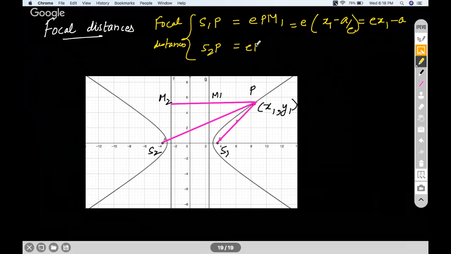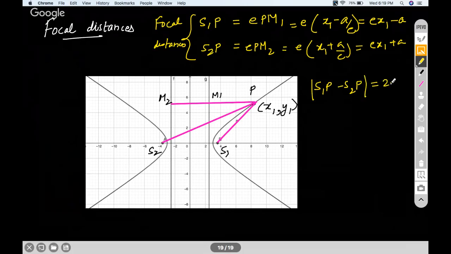S2P will be E times PM2, which is going to be E times (X1 plus A by E), which is EX1 plus A. And when you take the difference of these two, mod of S1P minus S2P, you're going to get 2A.